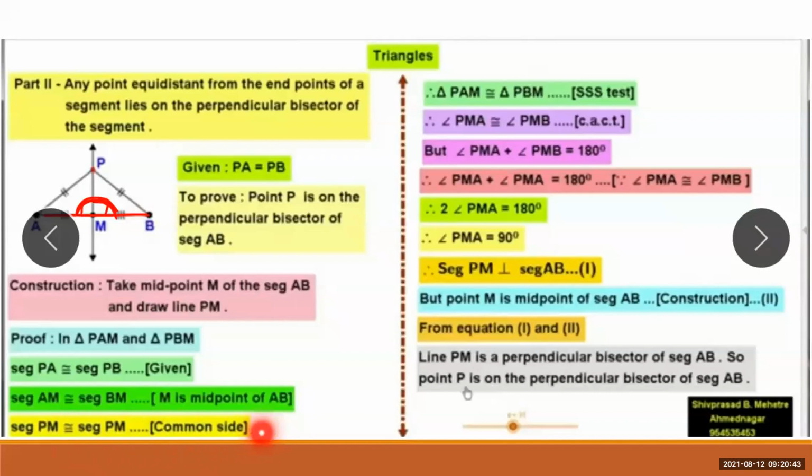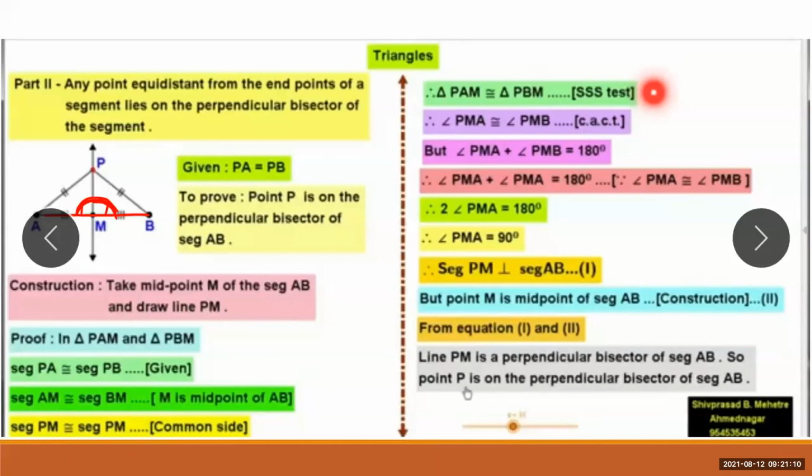All three sides are congruent, so the two triangles are congruent to each other by the SSS test, the side-side-side test.